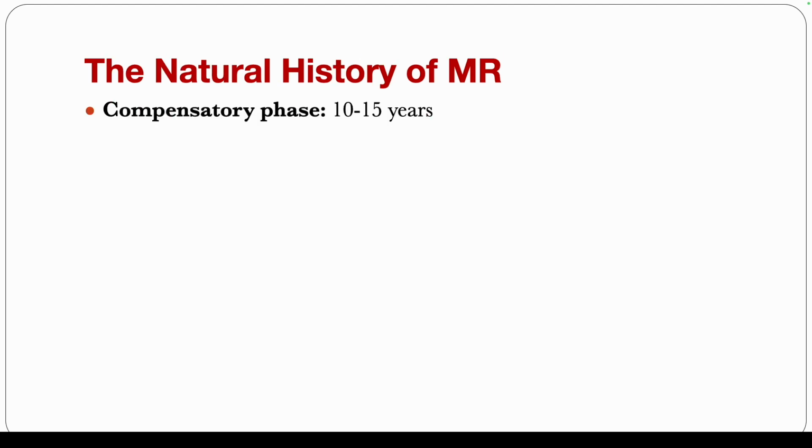Natural history of MR: compensated phase, 10 to 15 years. That means from the start of the MR, for 10 to 15 years, they may not have symptoms because the heart starts adjusting by increasing its size and getting hypertrophy. So the patient does not have symptoms.